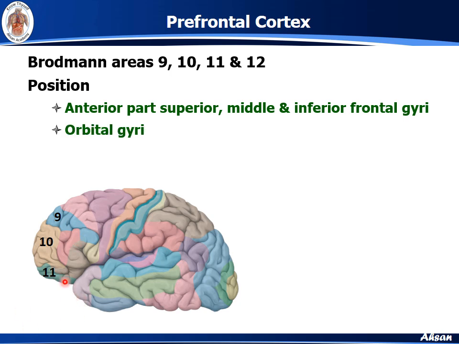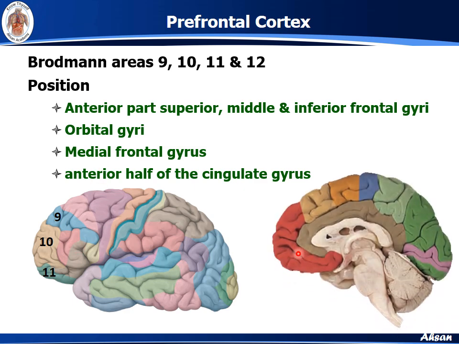It extends into the inferior surface, that is the orbital gyrus, and also the medial surface, the corresponding areas. So the total anterior pole is occupied by the prefrontal area.